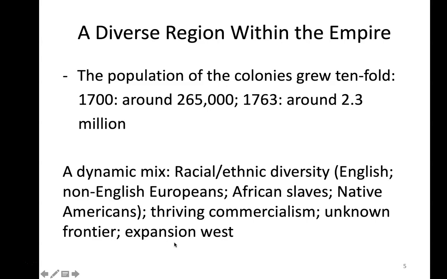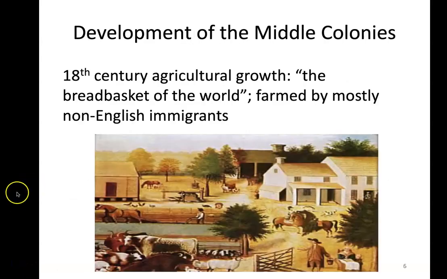So this is a very interesting place in, let's say, 1760, 63. A very interesting place in the world, relatively speaking. That is to say, the English colonies in America.